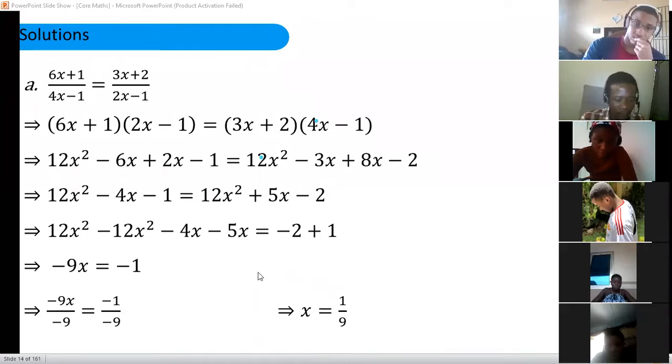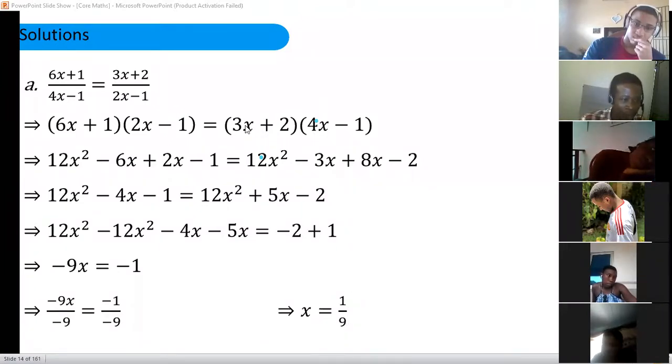It's no problem if you leave your answer in this form. And it's no problem if you convert this into decimal as well. But if you convert this into decimal, I think you're going to get 0.11111 recurring.